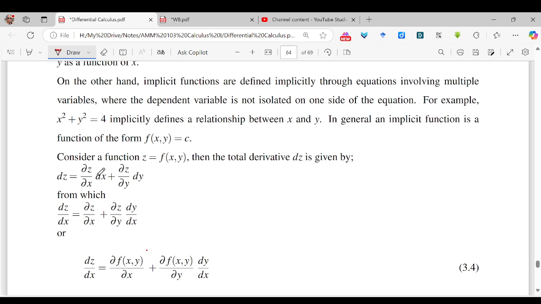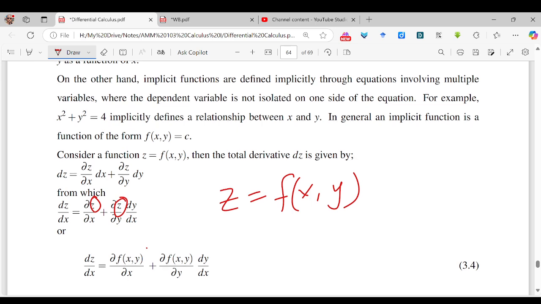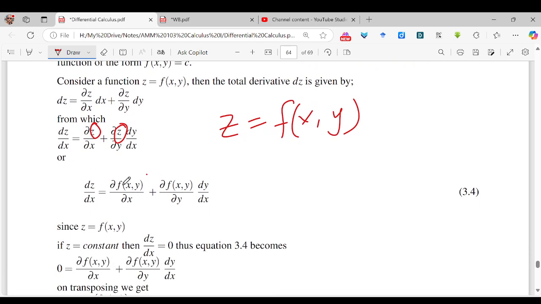If we divide both sides by dx and simplify, we get dz/dx is equal to the partial derivative of z with respect to x plus the partial derivative of z with respect to y times dy/dx. But remember, z is equal to f of x, y, meaning that we can replace z with f of x, y, so that we get this expression, equation 3.4.